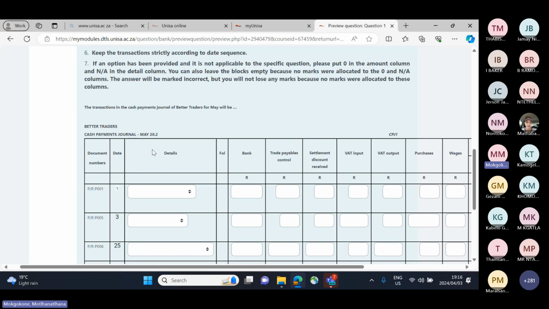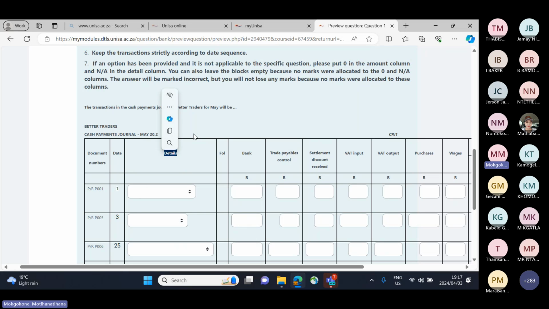Here under details, you can record the name of the person the business is paying. If you are paying Mr. Smith, here you can write Mr. Smith.